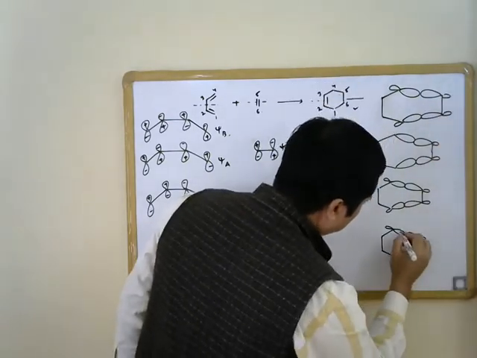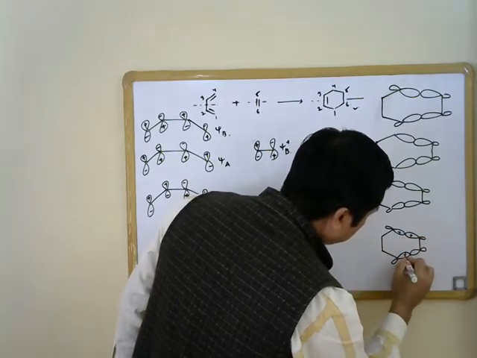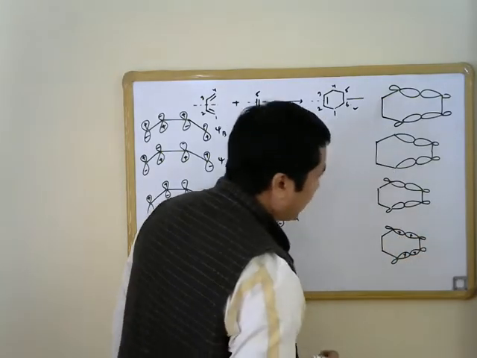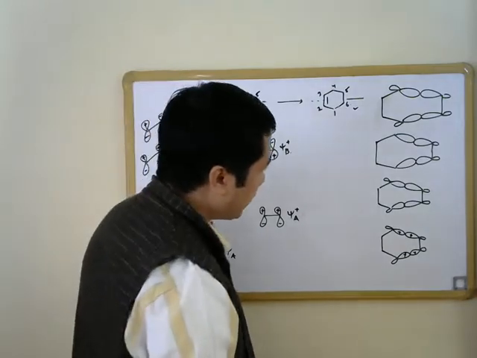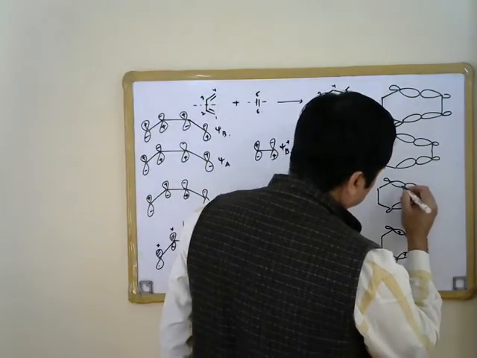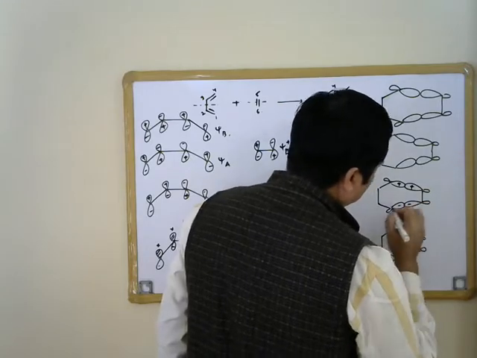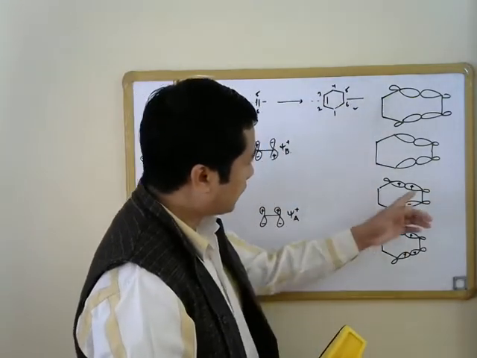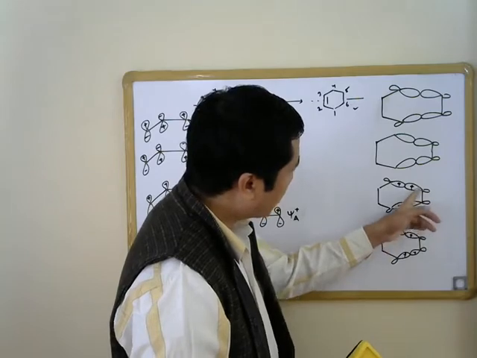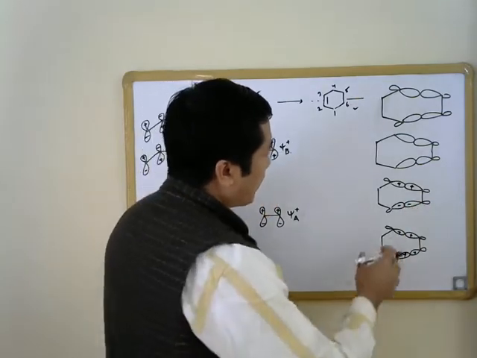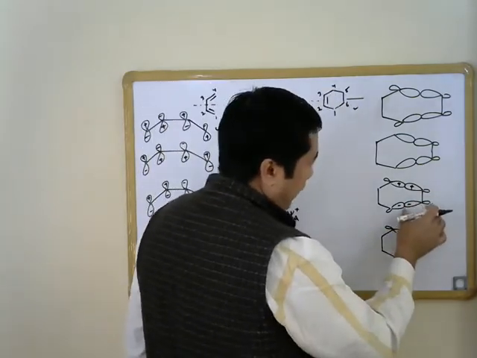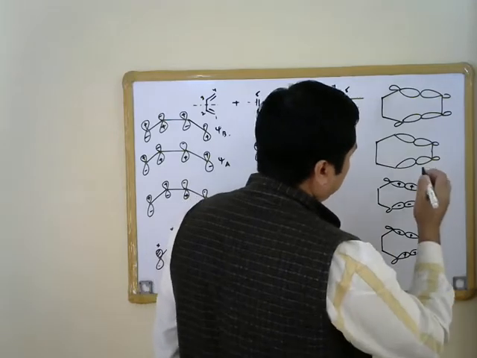So this is completely bonding here. All the lobes are in phase here. And then we have bonding here, sigma bond, but in case of the pi here, it is anti-bonding. That is why this will have higher energy than this particular molecular orbital here.